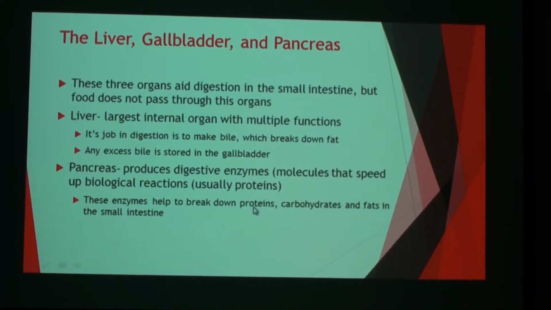Proteins, for example, you find in meat and peanuts. Carbohydrates are usually sugars, so pretty much anything sugary, and then fats. These enzymes help break down all this that we eat.